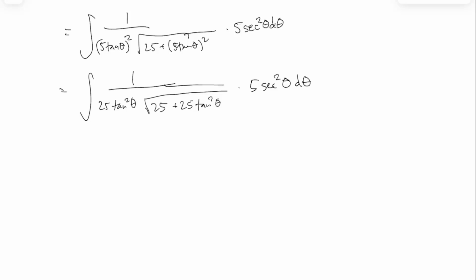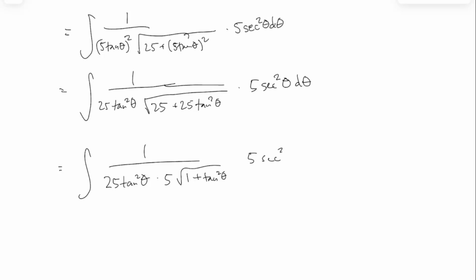What else? Pull the 25 out of the square root in the bottom. That makes it just a 5, but it's in the denominator still. So this becomes 1 over 25 tan squared theta times 5 square root of 1 plus tan squared theta. And then over here, 5 secant squared theta d theta.